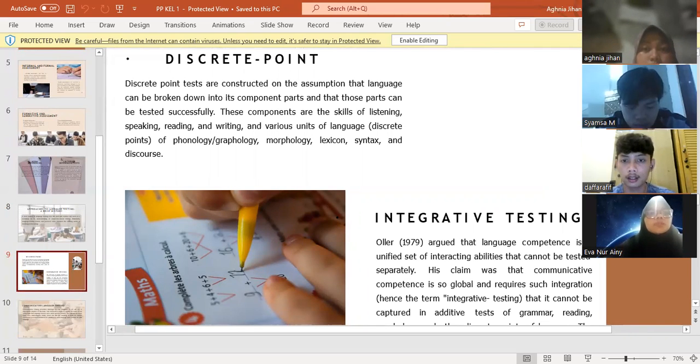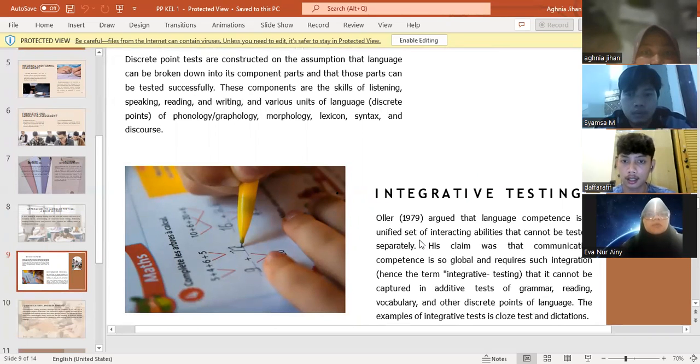And then integrative testing. So Oller argued that language competence is a unified set of interacting abilities that cannot be tested separately.